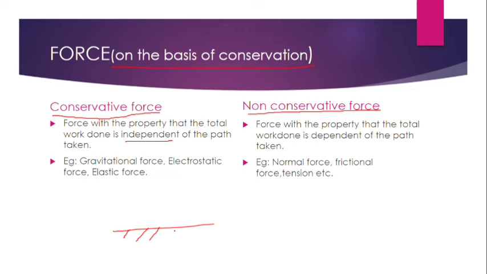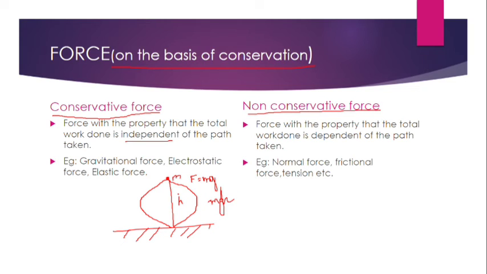Let us take the Earth's surface and a body of mass m at a height, let us take the height as h. If the body of mass m moves along this path and reaches here, or moves along this other path and reaches there, along every path the force will be F is equal to mg, and the potential energy at this point will be mgh.